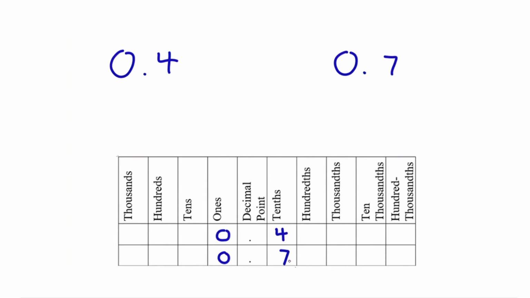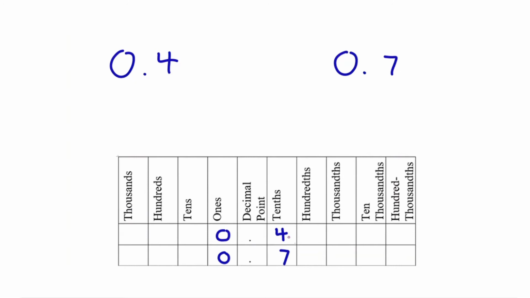Now, using the place value chart, we start all the way to the left. There's no thousands, hundreds, or tens in this number, and in the ones place, they both have zeros. So far, both of these numbers are equal. Then we have our decimal point. Then we have our tenths.